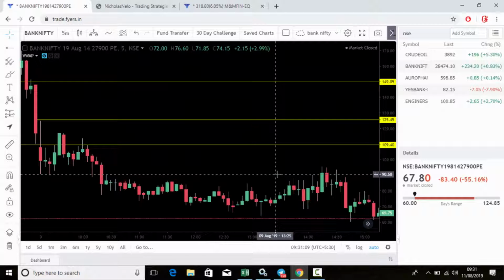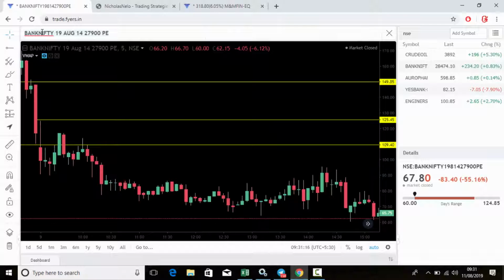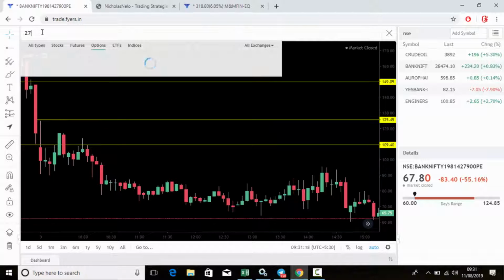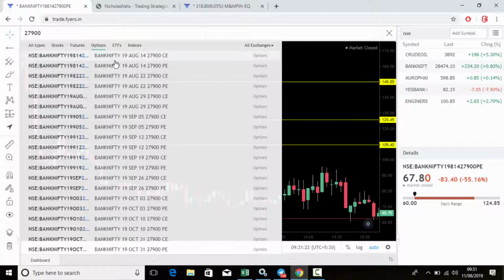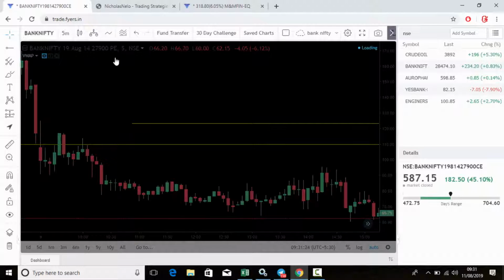So this is for option sellers, and if you are an option buyer, the same thing you apply in the call. The 27,900 call, just opposite.